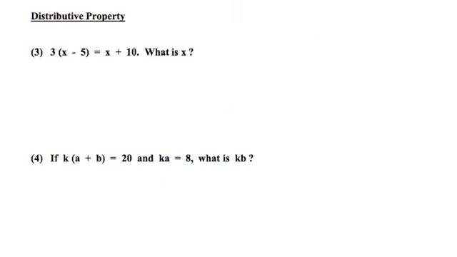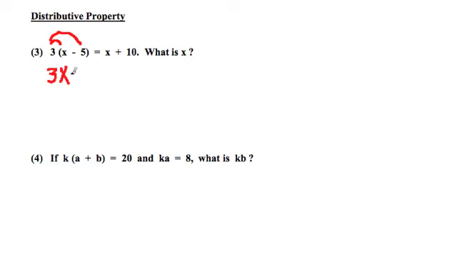Next, the distributive property. And you're going to be seeing probably at least one of these on every test. If you want to try this on your own, you can pause the screen now. Okay, so distributive property is just everything inside the parentheses gets multiplied by what's outside.